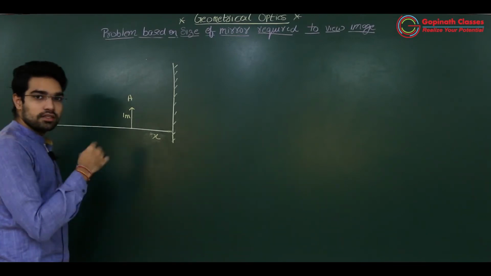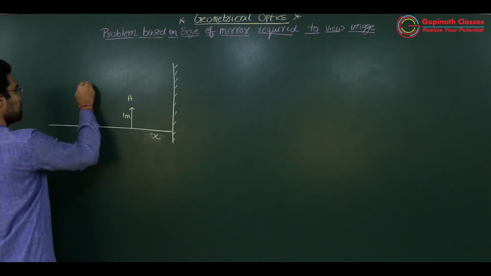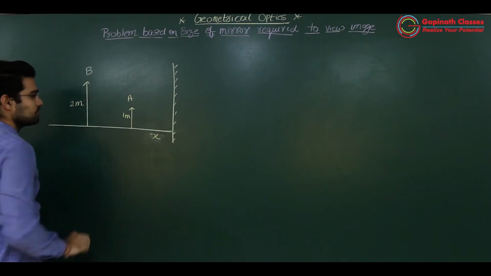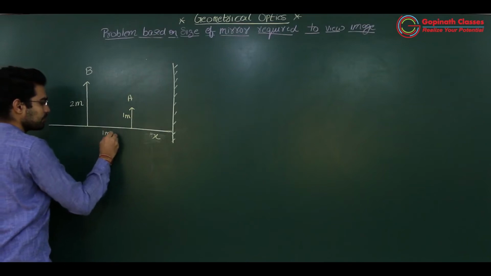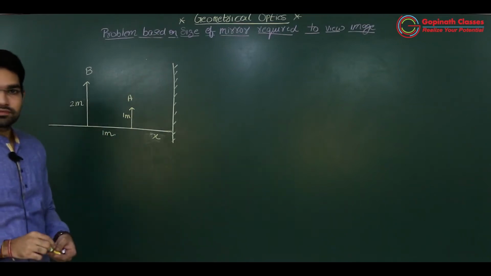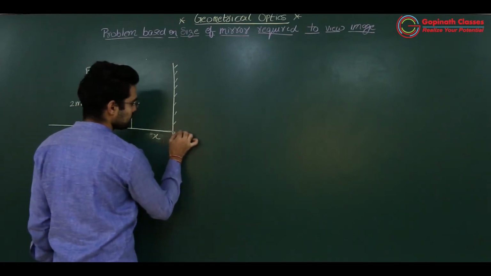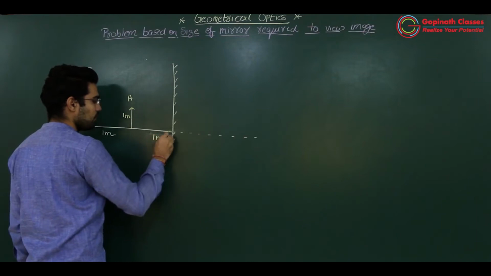And I am taking one other object B, which is 2 meter long, and the distance between this one and the mirror is 1 meter. Now we are going to make images.